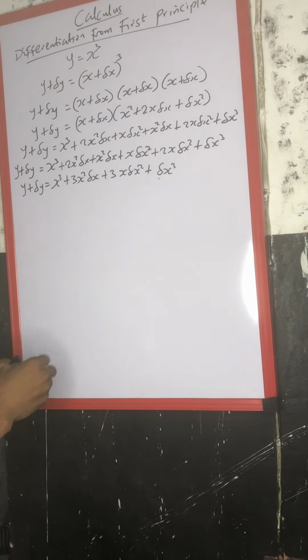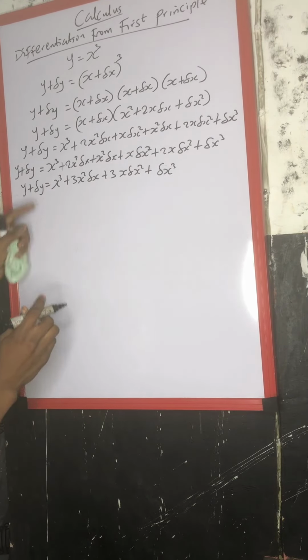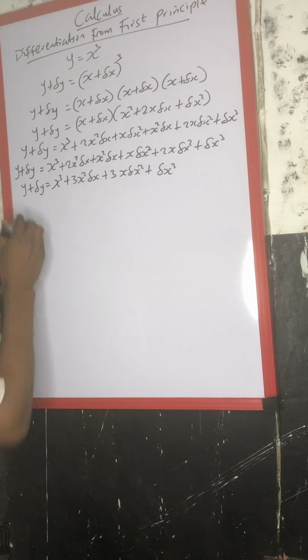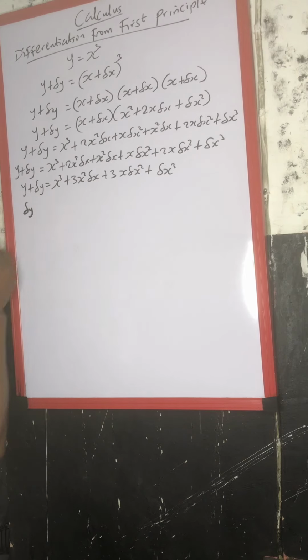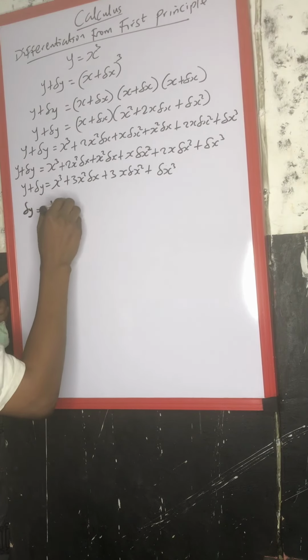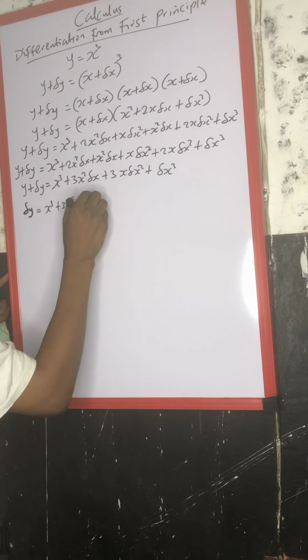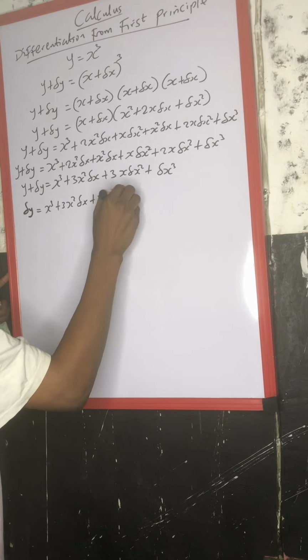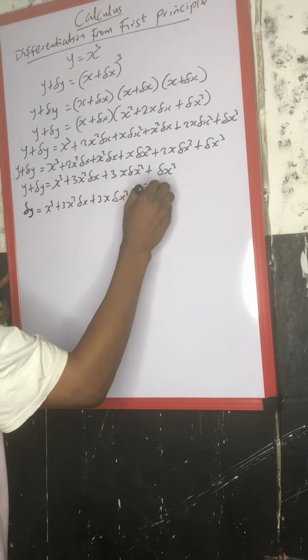Alright, so from there, what you are going to do is to make change in y the subject of the formula. It becomes change in y equals s cubed plus 3s squared changing x plus 3s changing s squared plus changing s cubed minus what?